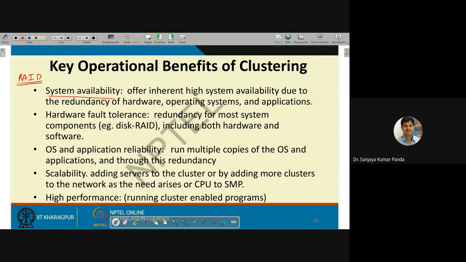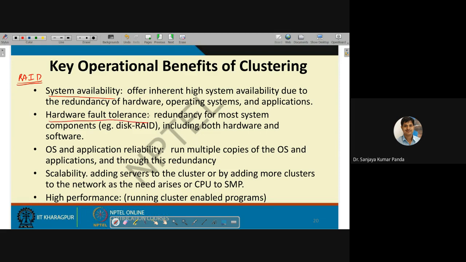Why do we want to make it redundant? Redundant means duplication, or you can say replica. The reason for making replicas is to increase the system availability. That's why we are making multiple copies of the same hardware, operating system, or application.